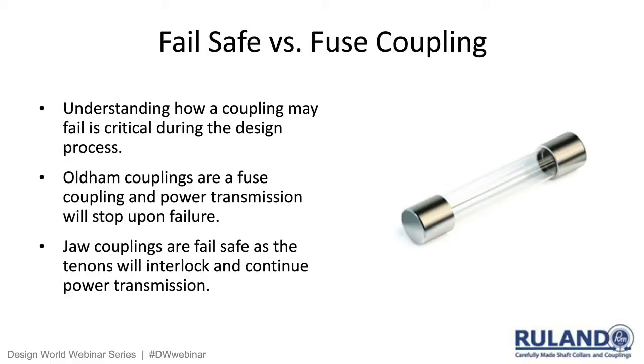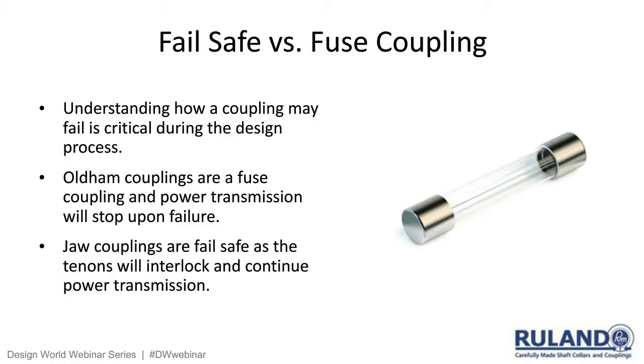In a Z-axis, you're lifting a boat of these wafers, which are tremendously expensive. In the case of a drive system failure of some type, they do not want that coupling to fail. If the spider fails, they want the jaws to interconnect so that they don't backdrive their system and drop a load or a boat of wafers or something valuable.